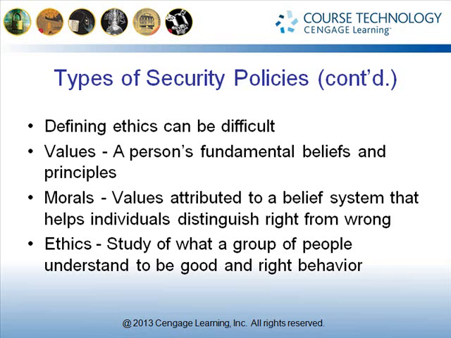Morals, on the other hand, are values that are attributed to a system of belief that helps the individual distinguish right from wrong. These values typically derive their authority from something outside of the individual, a higher spiritual being, or an external authority, perhaps such as government or society.